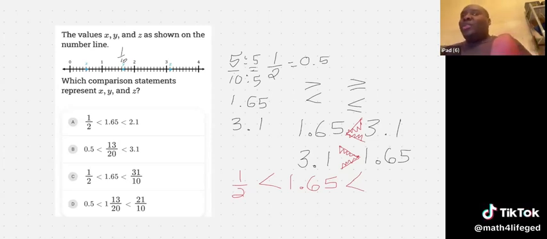I want you to understand that, because if we keep the fraction in mind, the 1/10, it is 3 and 1/10 or 3.1. Now, when we look at the examples, we don't see 3 and 1/10, but we see 31/10.